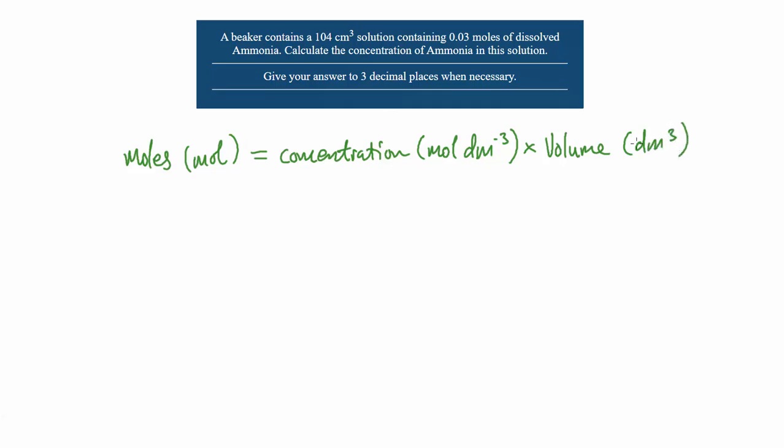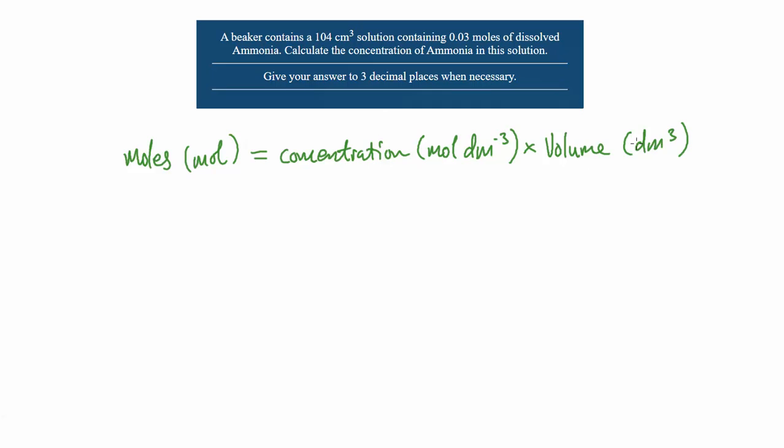Now, based on this, and knowing that we need to work out the concentration, before we rearrange this equation, let's ask ourselves, do we need the periodic table to solve this question?